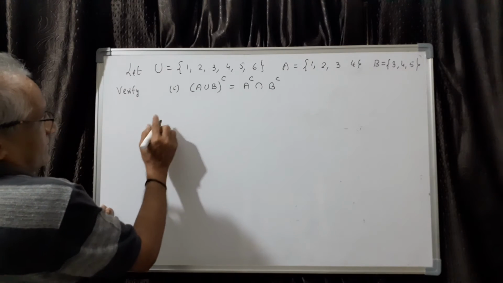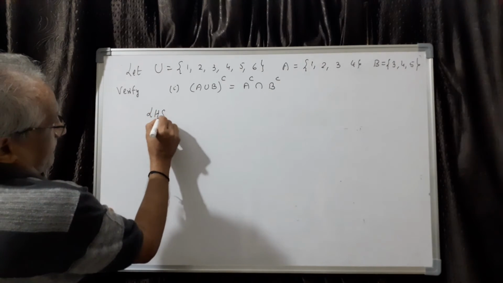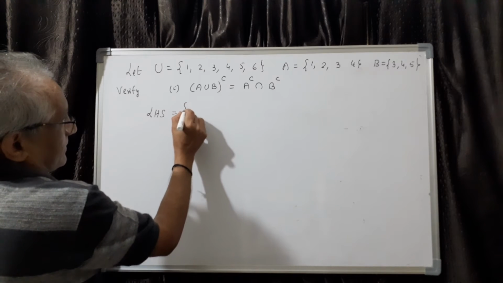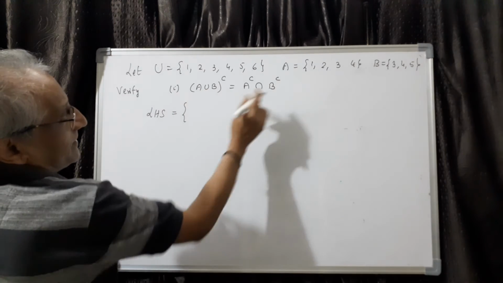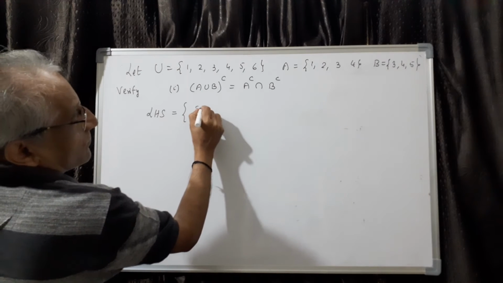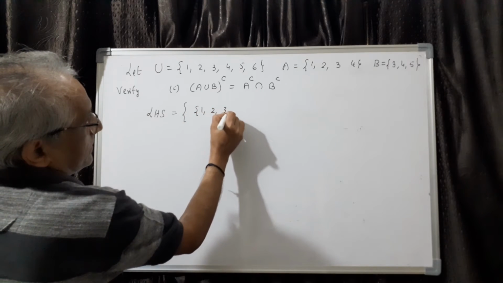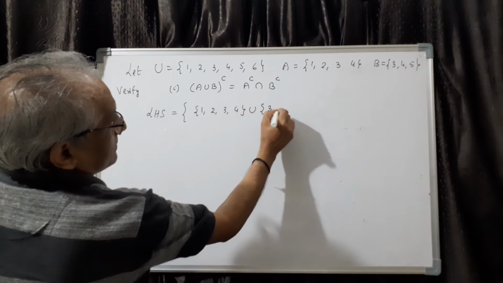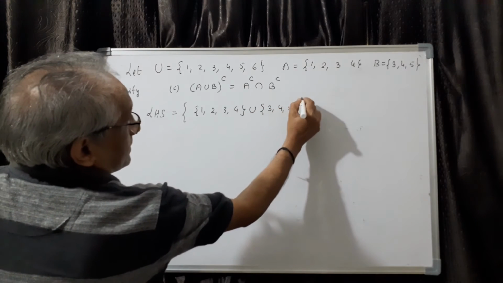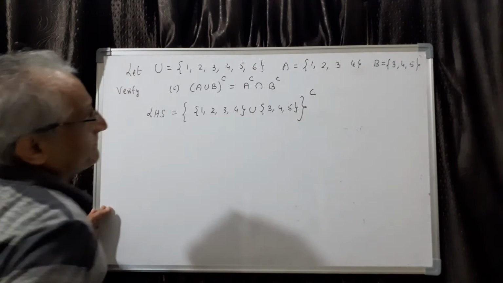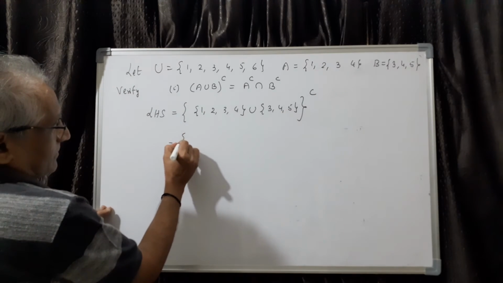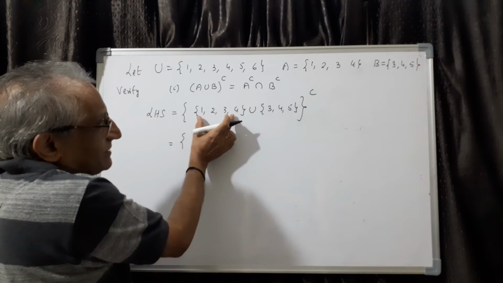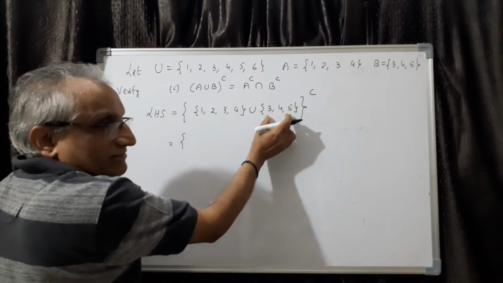Now let us take the left hand side. We will put a bracket like this. Inside, A is 1, 2, 3, 4, then union B is 3, 4, 5, then its complement. Now remember the union of two sets: I have to take all the elements of this one, then all the elements of this also.